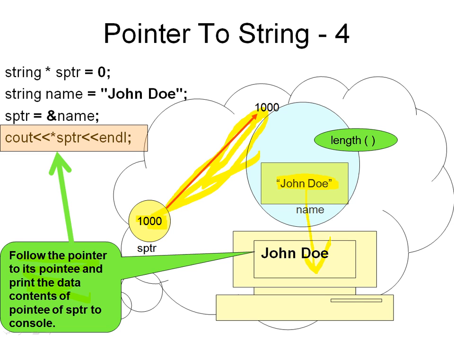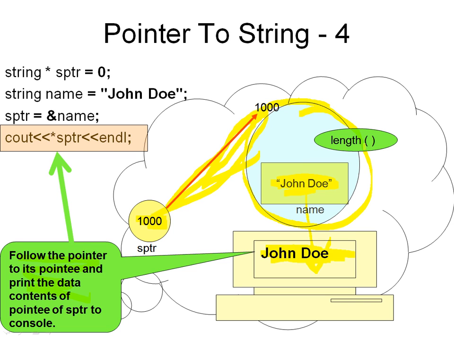Okay? That's the meaning of this line here. Dereferencing SPTR means follow the pointer to the pointee. Point is this. Grab hold of the data member. Since we have a cout here, output that to the console.